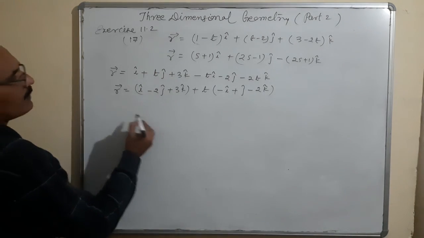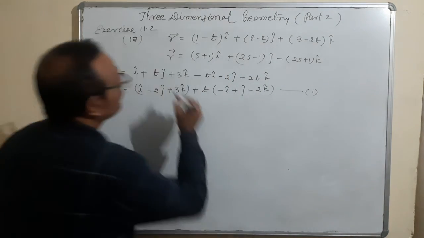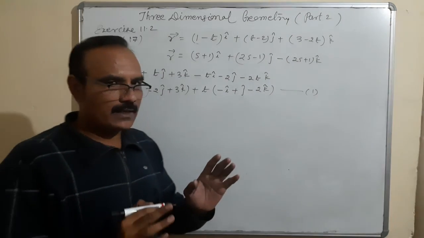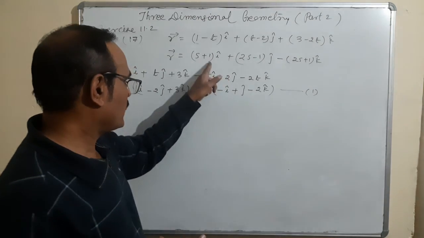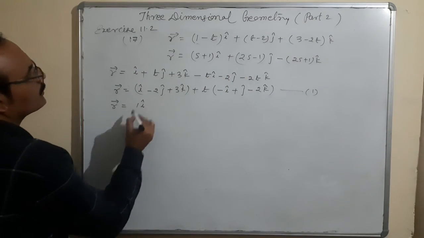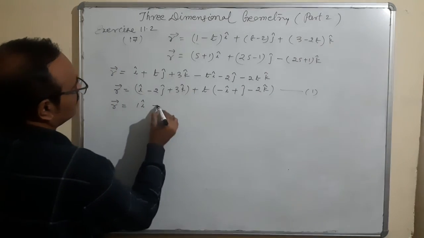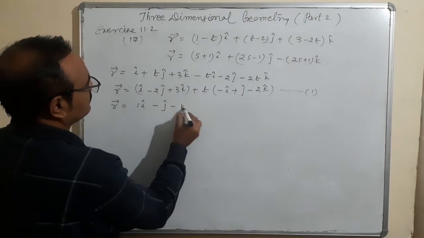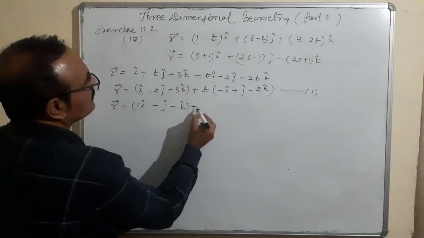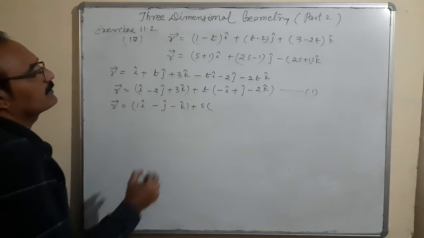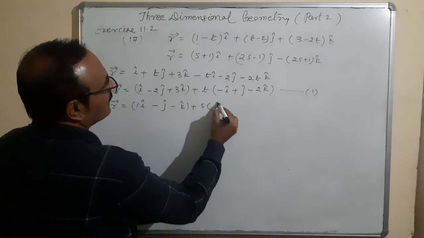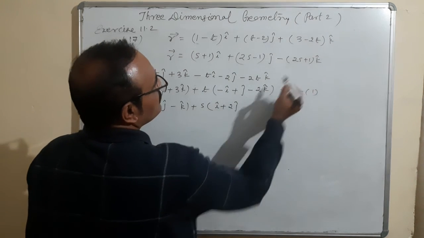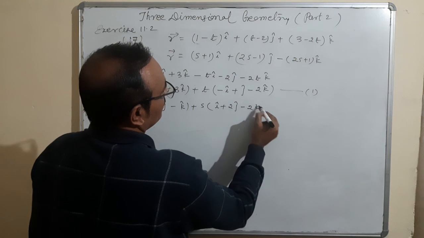For the second, r is equal to, directly I am writing now, taking i, j, k without s: i minus j minus k, plus s times, taking s common, i plus 2j minus 2k.